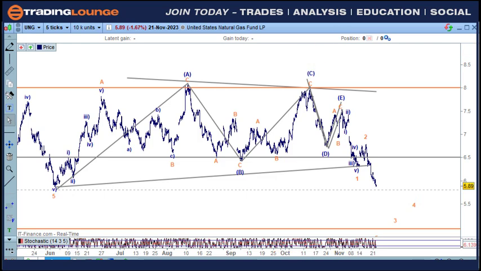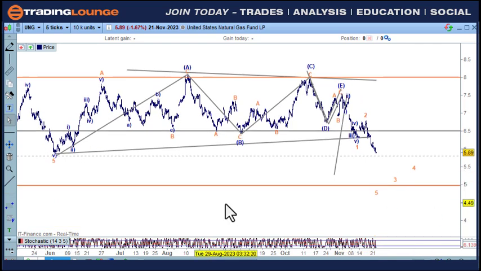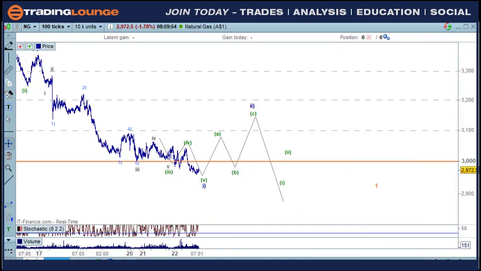If we're going to take out the low, and this is a triangle pattern, we can take this length here and add it over to here. So we should get pulled down to very close to $5 here.